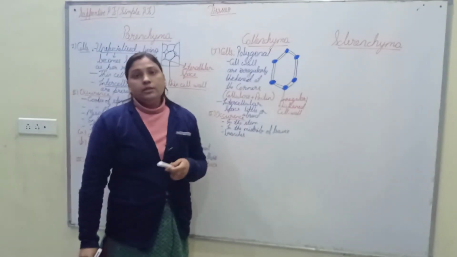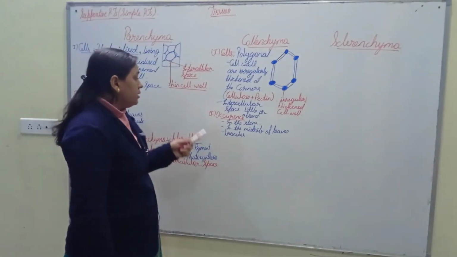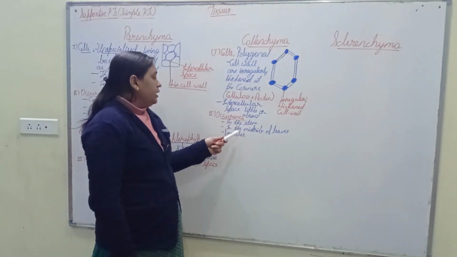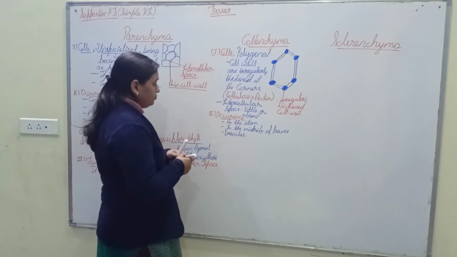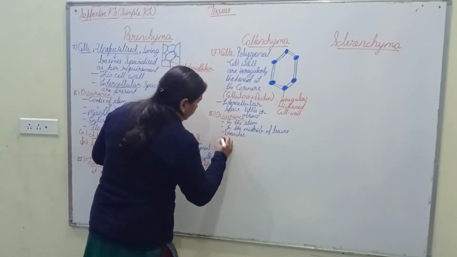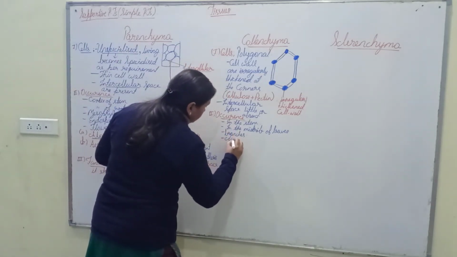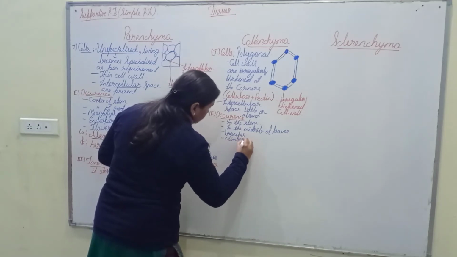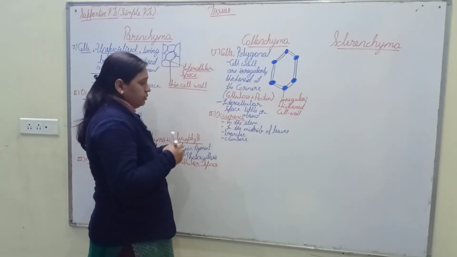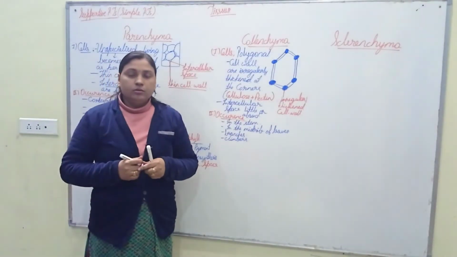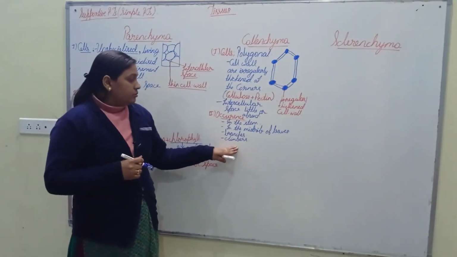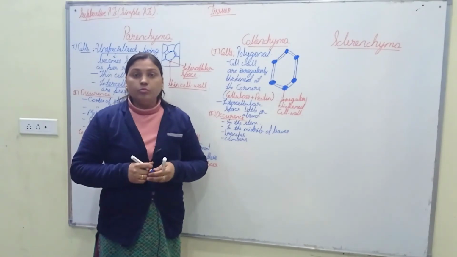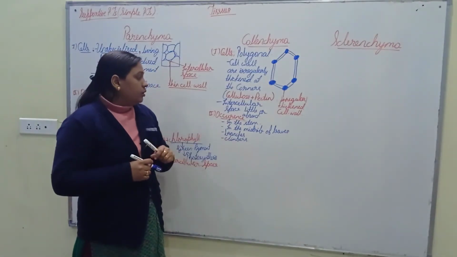So these collenchymatous cells are generally found in the stem, in the midrib of leaves, and branches. They are found in climber plants. Collenchymatous cells are also found in the plants that need support to climb.